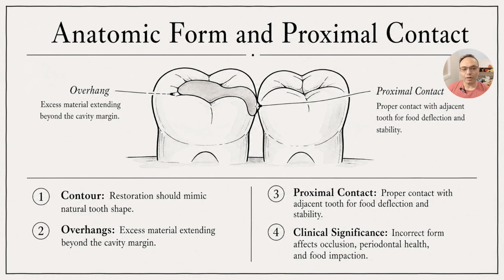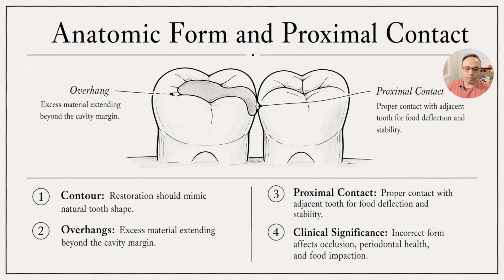When the proximal contact is not appropriate, that proximal contact could retain food and debris, and eventually the marginal seals could be affected and the gums could be inflamed. Those things will affect the restoration and the oral health itself.